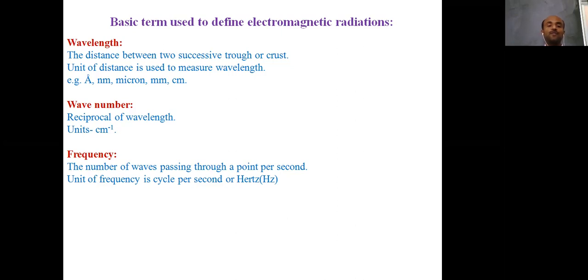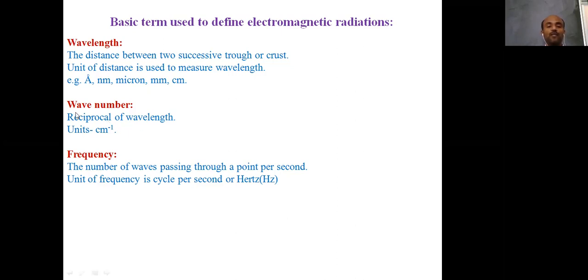The distance between two successive troughs or crests is called the wavelength. A transverse wave consists of crests and troughs, and the distance between two successive crests or troughs is called the wavelength. The unit used to measure wavelength is angstrom, nanometer, micron, millimeter, or centimeter, according to the wave. What is wave number?